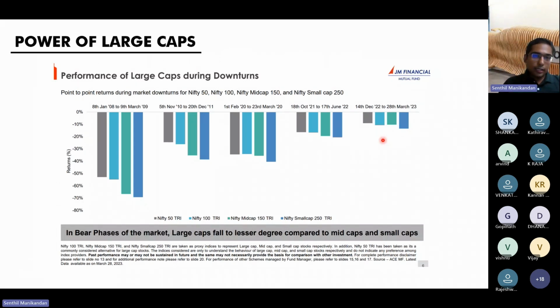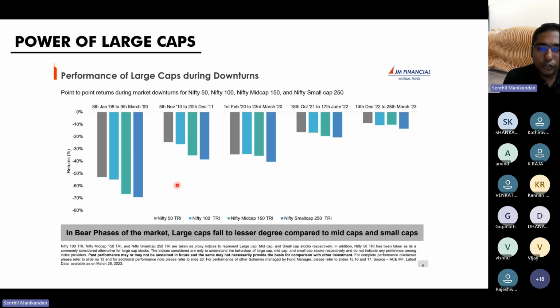This is on the risk side. In case of any broader market drawdown, we have seen historically that large caps tend to outperform small caps.